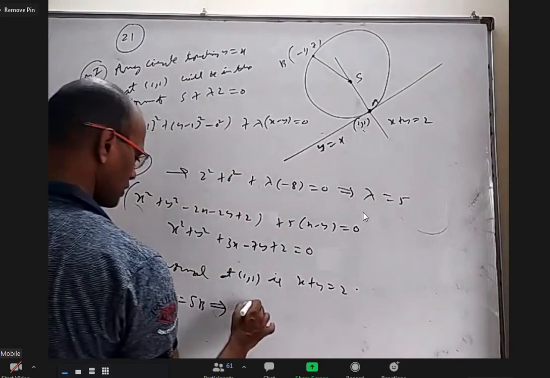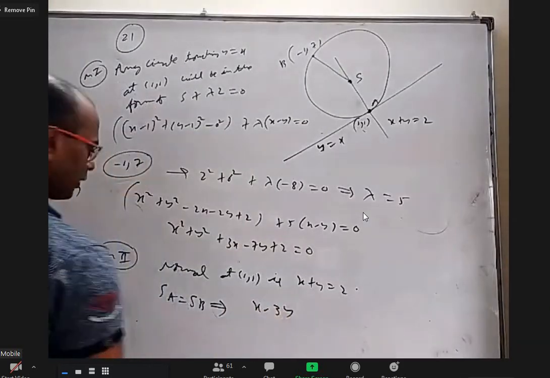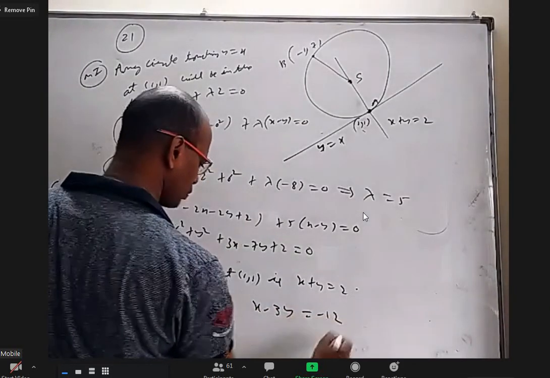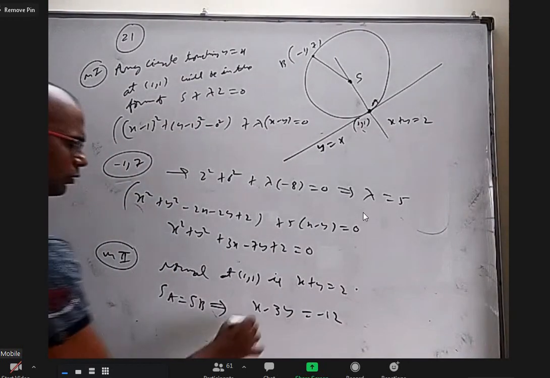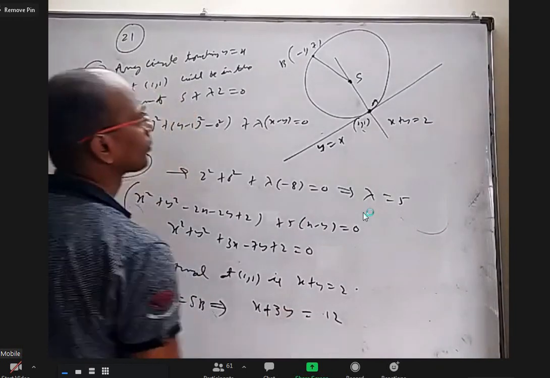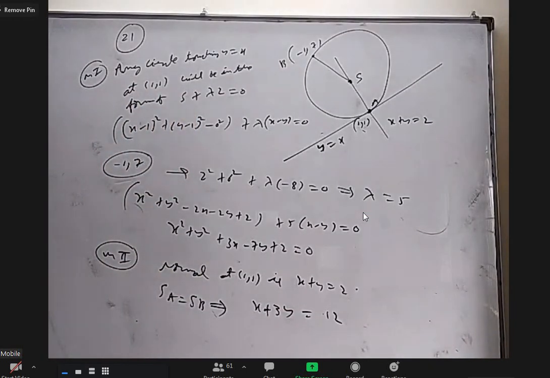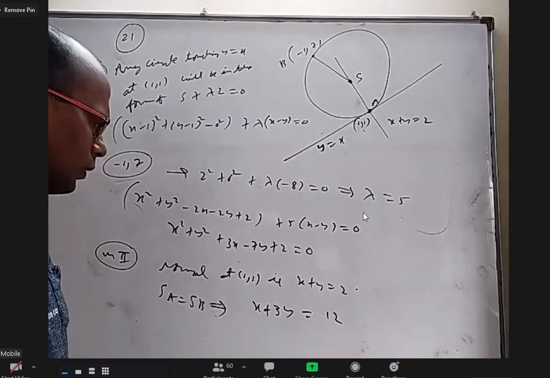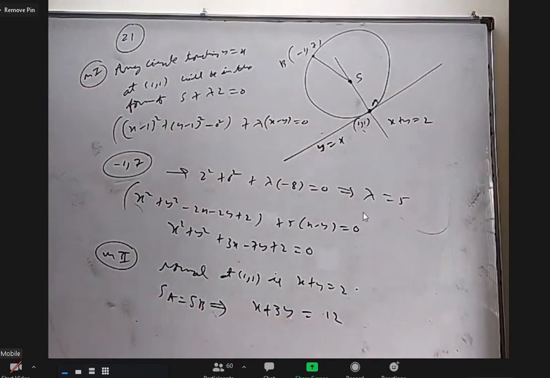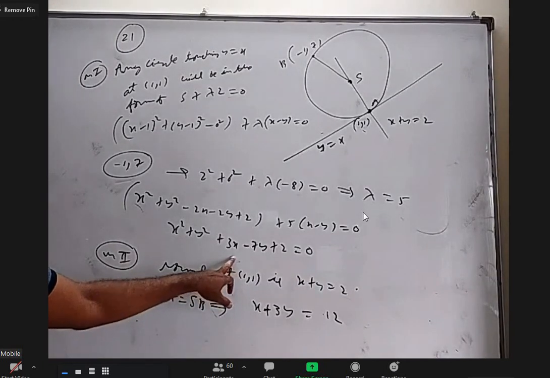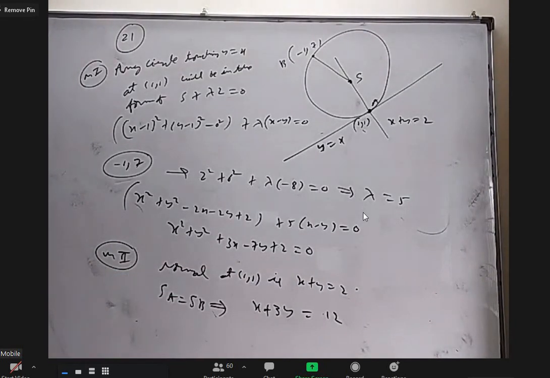So SA equal to SB will give you x minus 3y equal to -12. Plus 3 equal to plus 2. Okay. Solve. 2y is equal to 10, y is minus 5. Minus 3 by 2 comma 7 by 2.